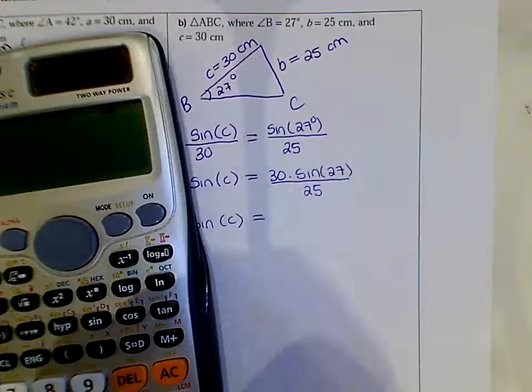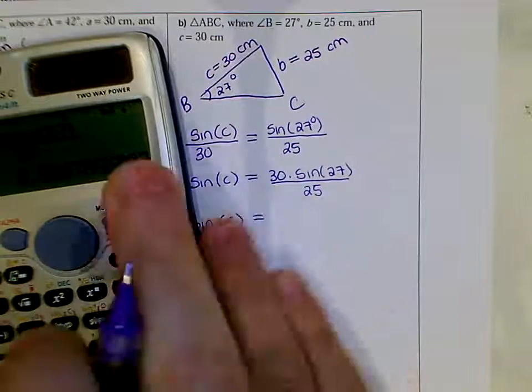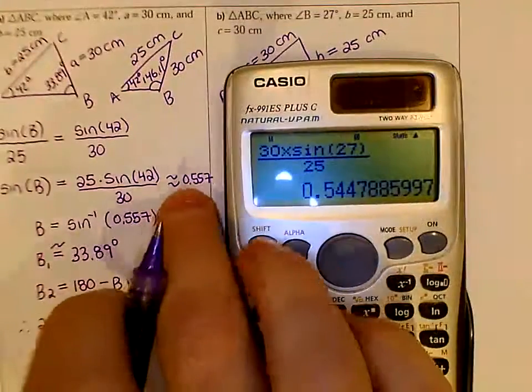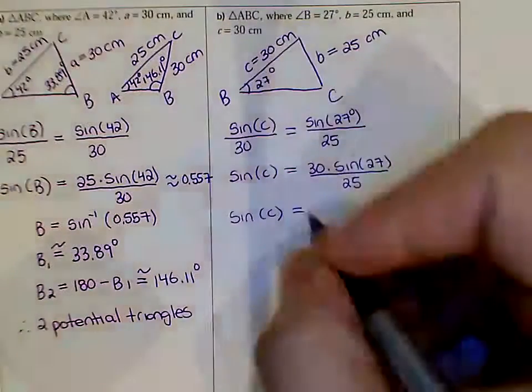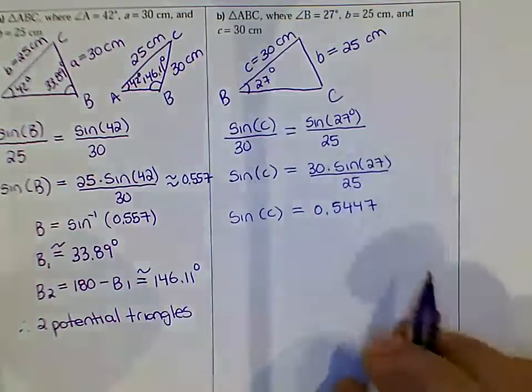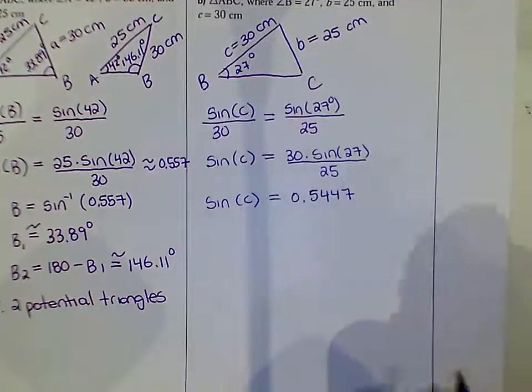So 30 times sine 27 over 25 is 0.554, which is really similar to what we got before. So this is also going to be two triangles. We don't even need to go any further because we know we're going to get two angles, right?